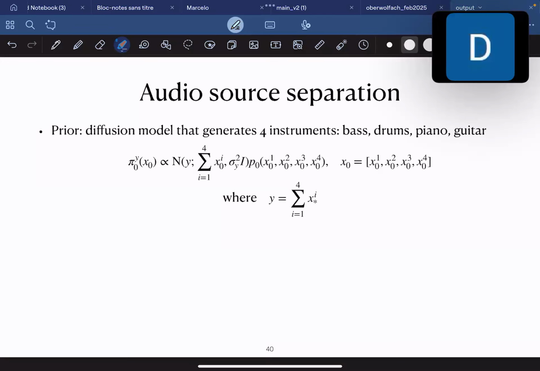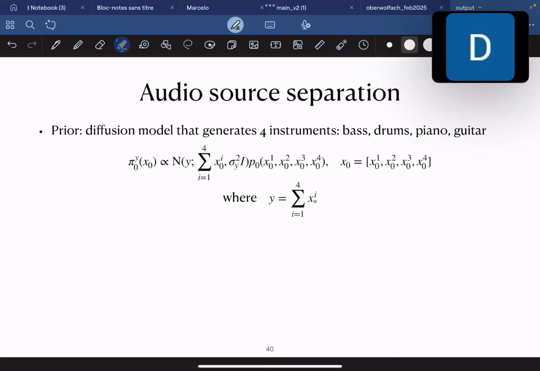Just to conclude, we have also tried another application in audio, where we consider an inverse problem coming from source separation. Here you have a sound, which is just a music track, in which there is bass, drum, piano, and guitar, and you want to separate them.